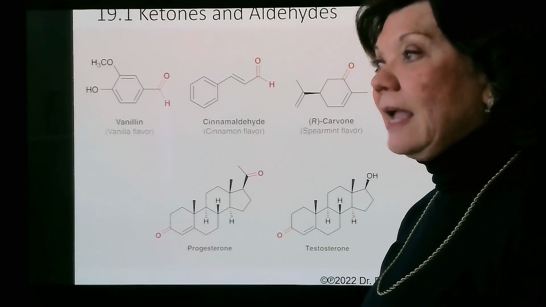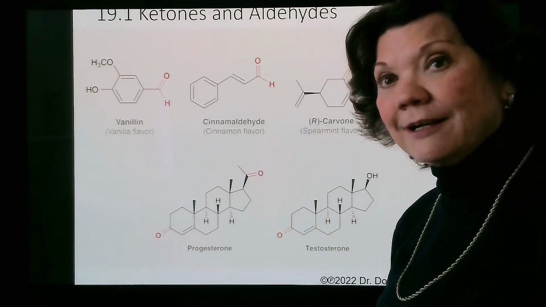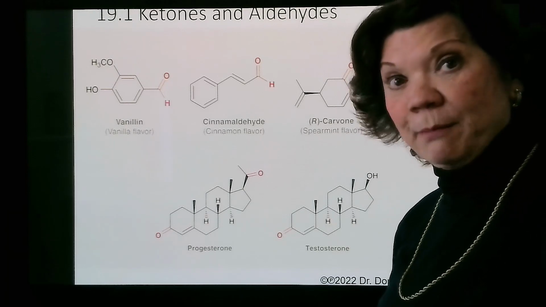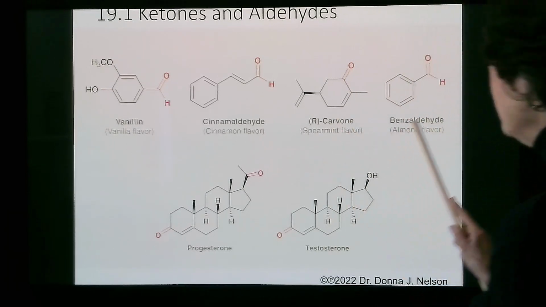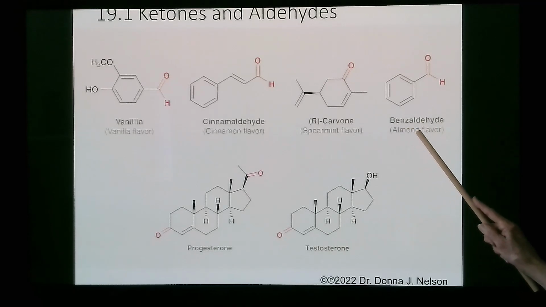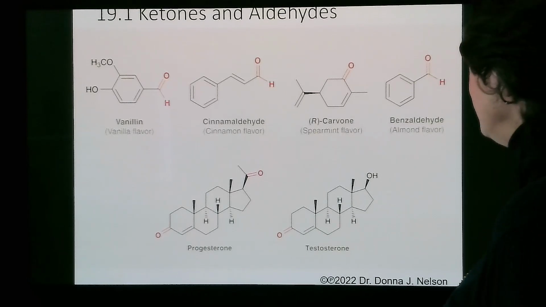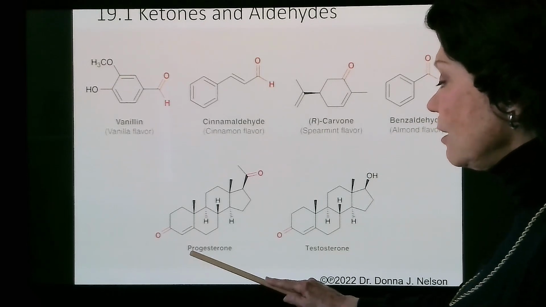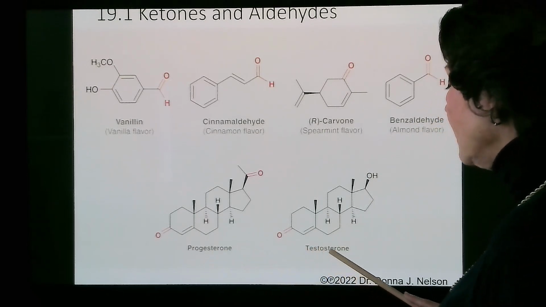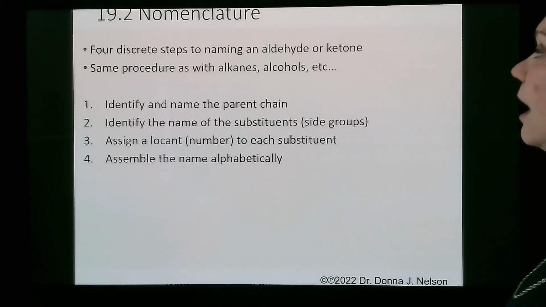I had never noticed before I smelled these that there is actually a similarity in the odors of spearmint and caraway. So it's very, very interesting. There's also benzaldehyde, which has an almond flavor and a really nice almond odor. This molecule smells great. There's also progesterone and testosterone. So let's move on.